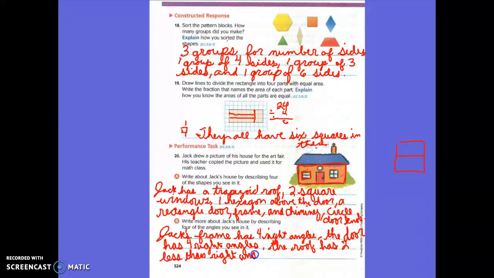One more thing. And I want you to talk about the hexagon window. You have to write it. What about the hexagon window, guys?